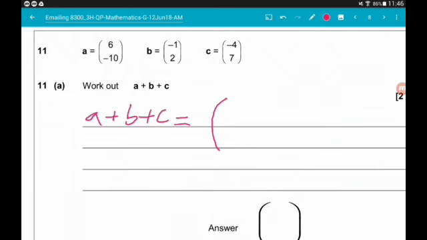So, for the top, we need 6, add -1, add -4, and for the bottom we're going to get -10, add 2, add 7.